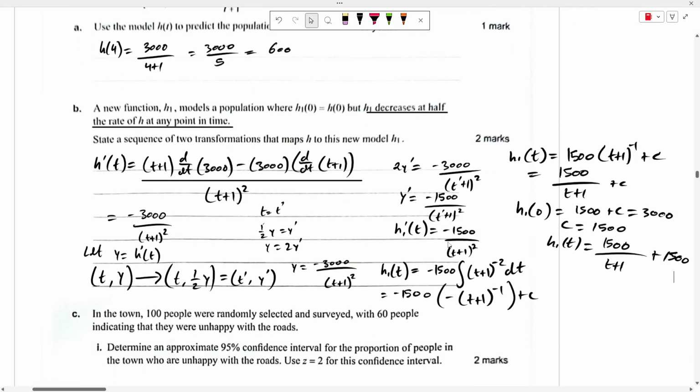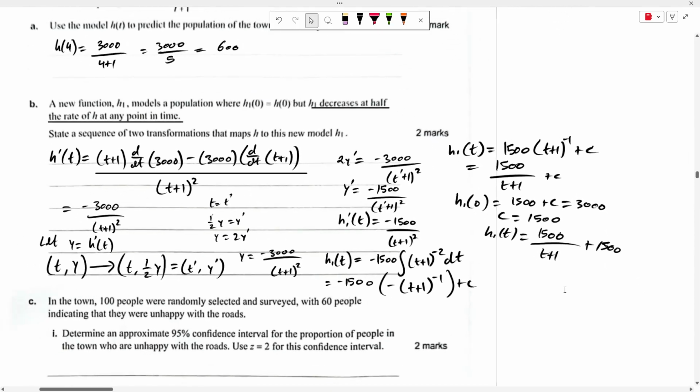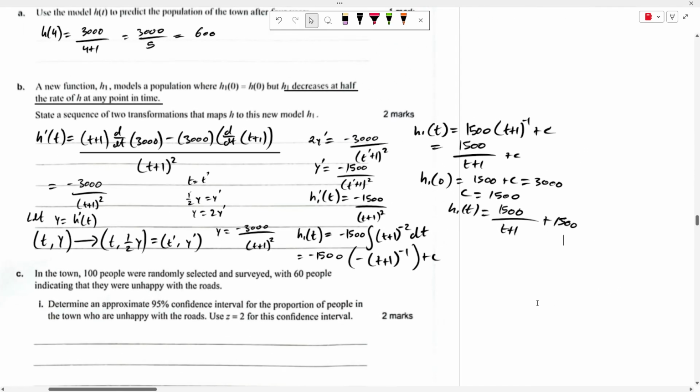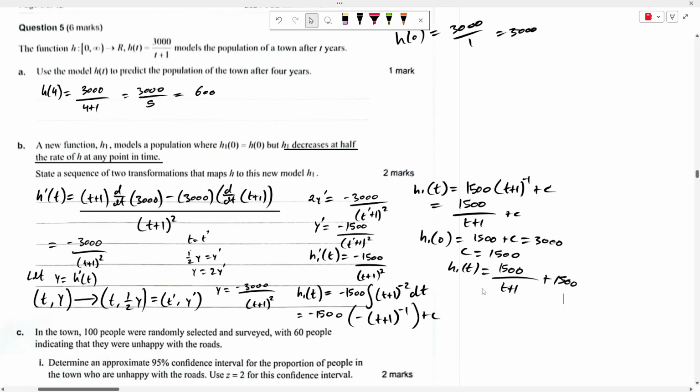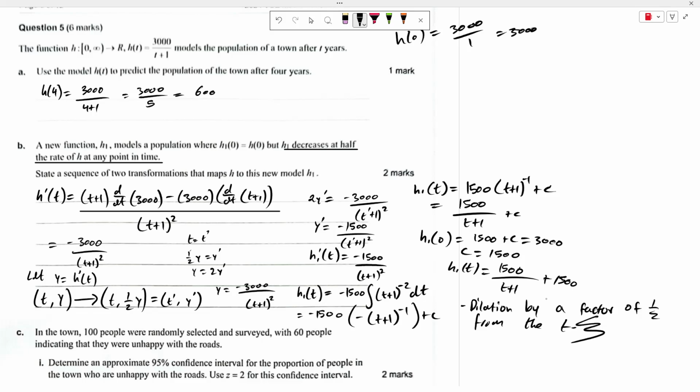We're not done with the question yet though. We have to state a sequence of two transformations. So how do we go from h of t to h1 of t? Well, the first thing you can see is there's a dilation by a factor of a half from the t-axis, not the x-axis in this case, the t-axis.